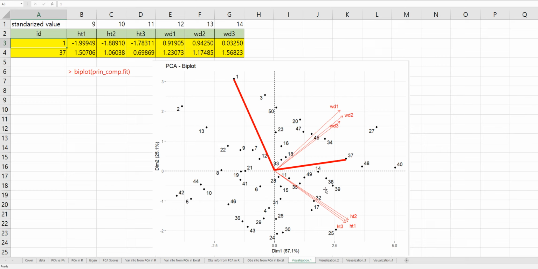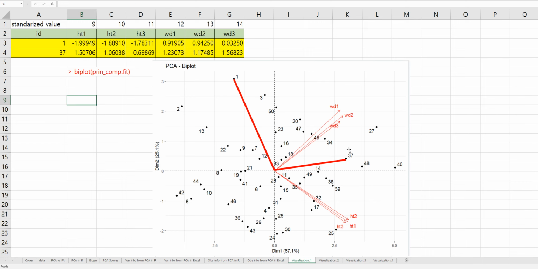However, from the height standpoint, the first observation has a negative relationship with height. That's why the standardized value for height for the first ID is negative.